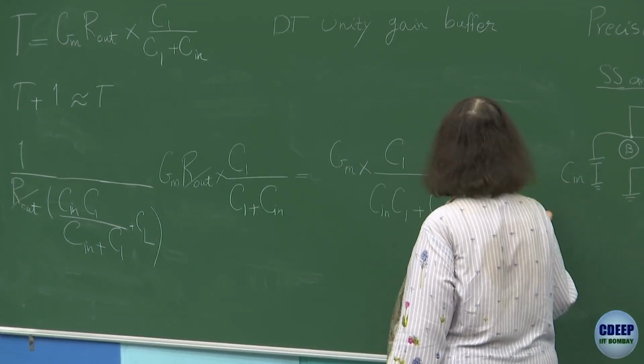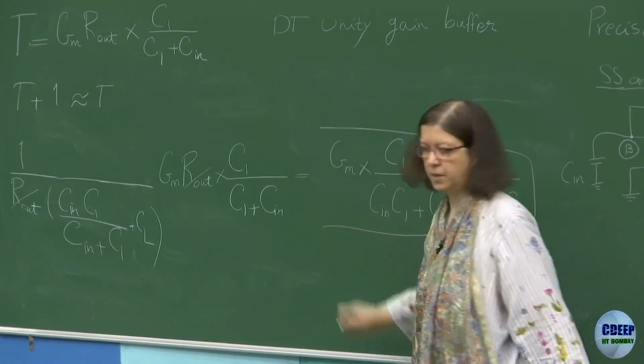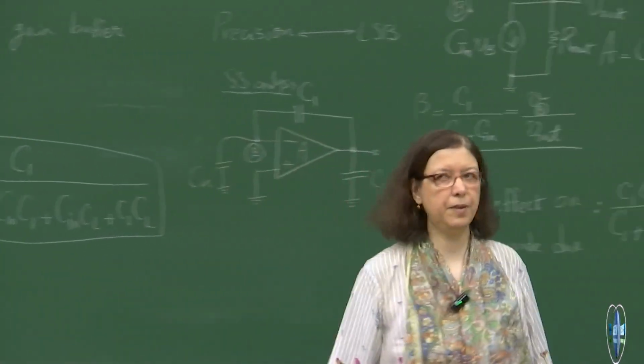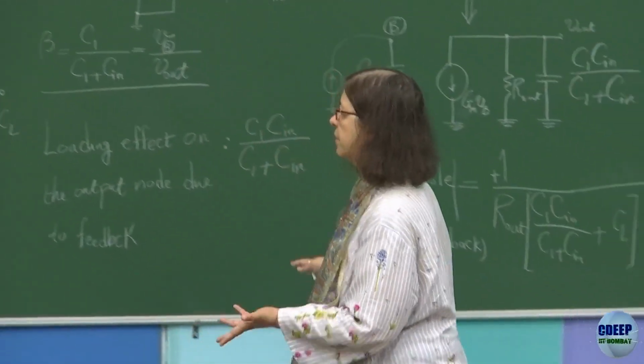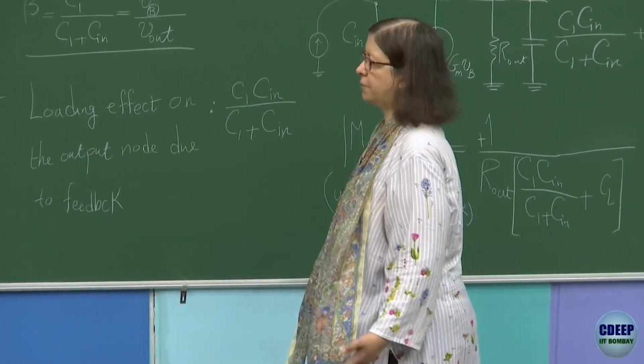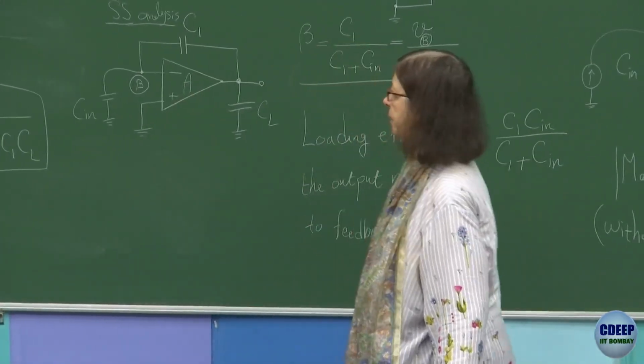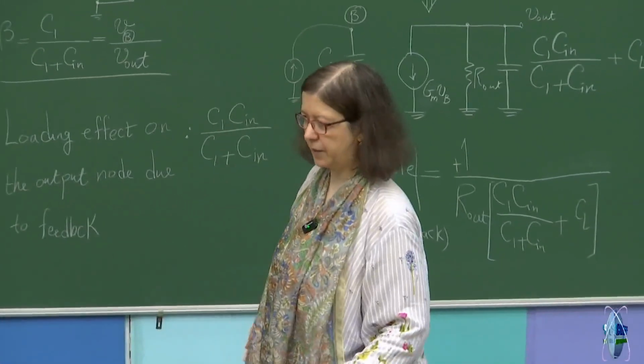And that is exactly the expression I wrote last time. So this way it is independent of what kind of amplifier it is, what configuration it has. And that's the way it tells you the pole after having the feedback, with the loading effect included.